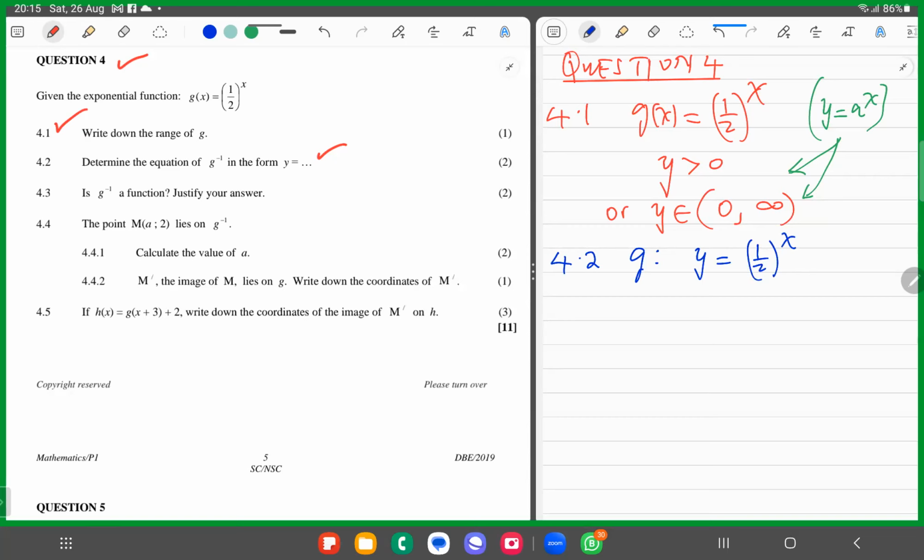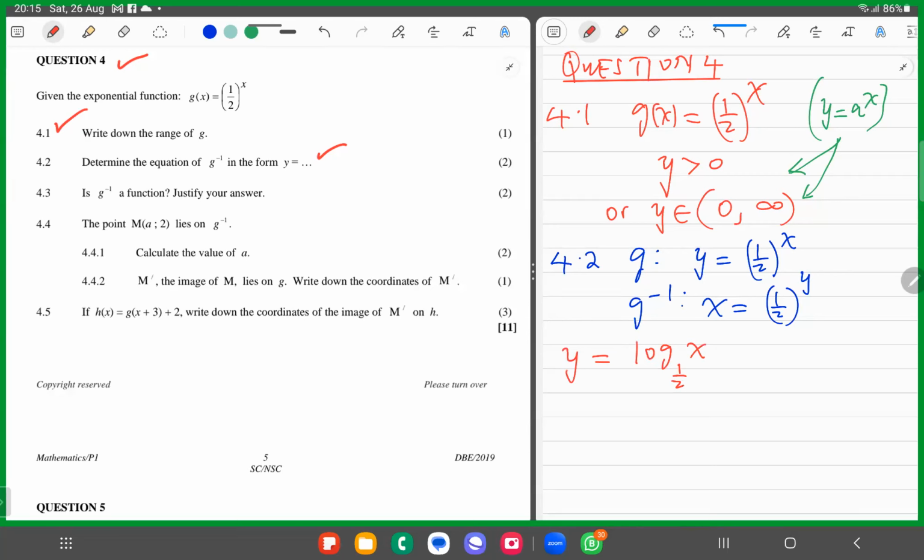Then we write g inverse, which has the x and y roles reversed. From there we make y the subject of the equation, which means y is equal to the logarithm of x base 1/2.